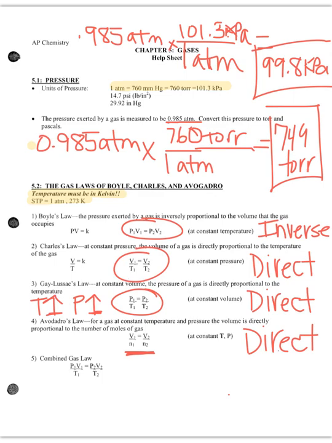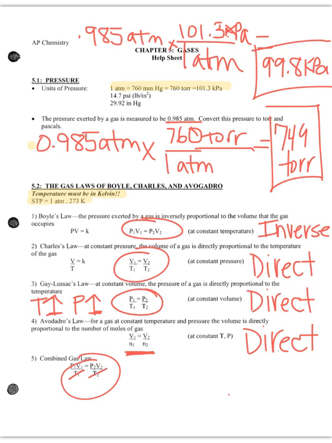So remember, you don't have to have all of the names memorized. You can just think of this combined gas law, right? Let's circle it, that combined gas law. And then if something remains constant, you would just cross it out on both sides. For example, if the temperature is constant or the temperature is not changing, then you would just cross out the T's on both sides.